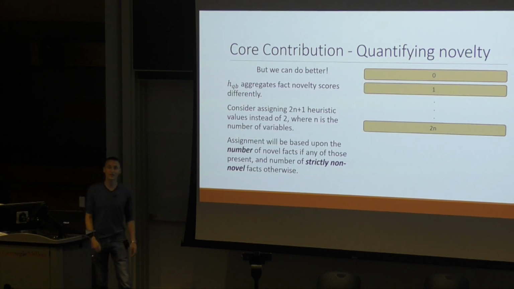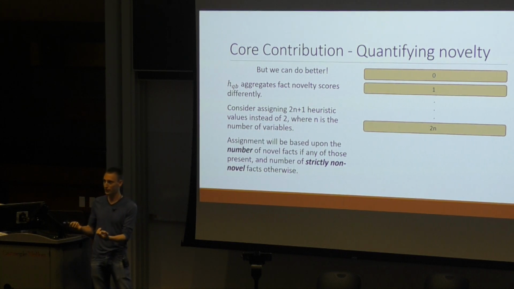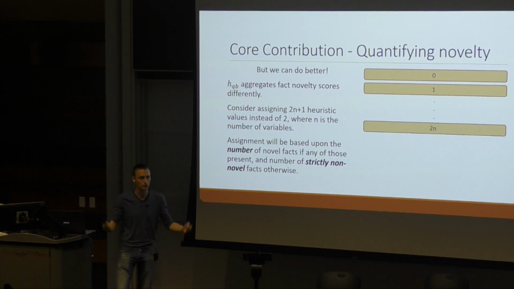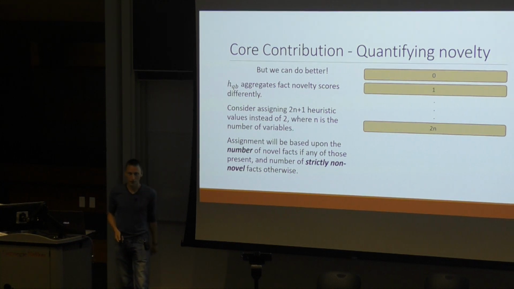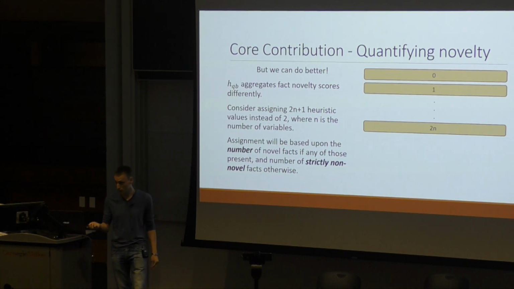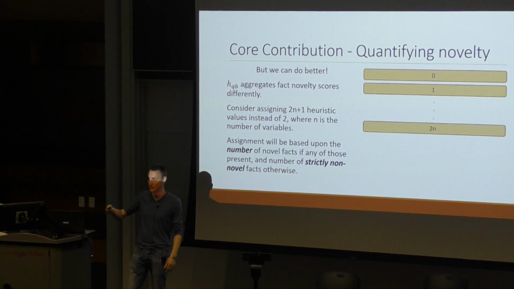All right, but it is not the only thing that we can do here, right? I've described only a basic way to aggregate fact novelties into state novelty. So consider the following way. I want to know, in a sense, how novel is a state. Okay, I deem two states novel, but I can compare between them. And the comparison will be done as follows. If a state got some novel facts, the heuristic value that we will give it is the total amount of variables minus the amount of novel facts that it has.